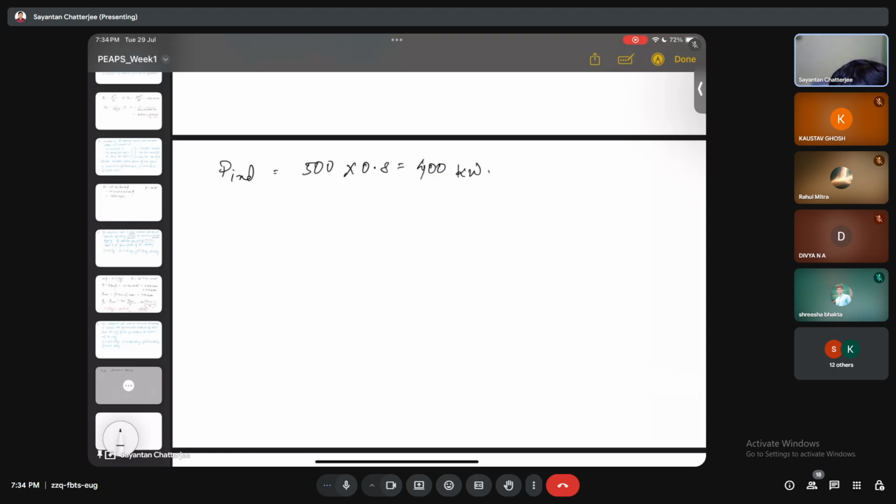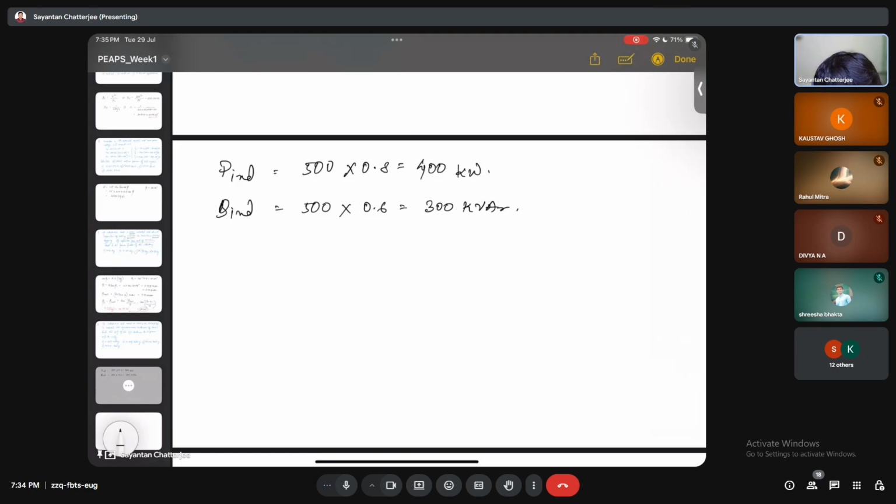And the reactive power of the industry is 500 into 0.6, as a general thumb rule for 0.8 power factor. You can also check by calculation. These are common power factors generally given. So it will be 300 kVAR.